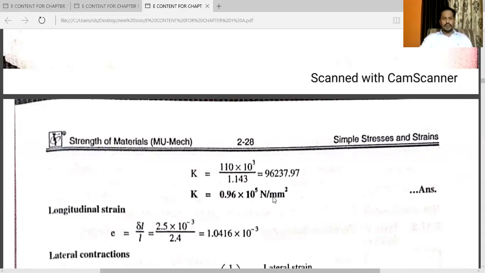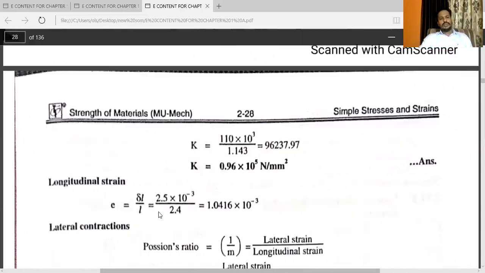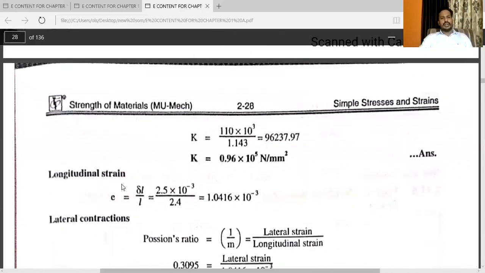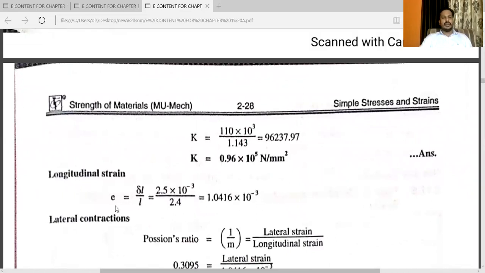Now we have bulk modulus, we have modulus of rigidity, we have Young's modulus. Here the longitudinal strain e is equal to delta L upon L. You will get the value of e. Now we have the longitudinal strain. We can calculate lateral contraction.